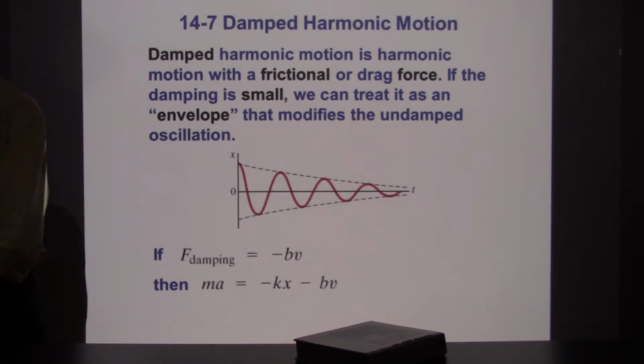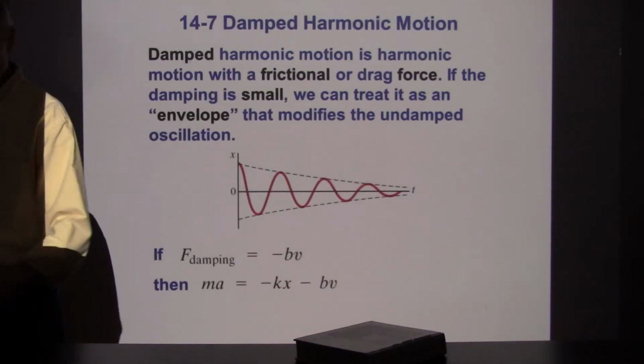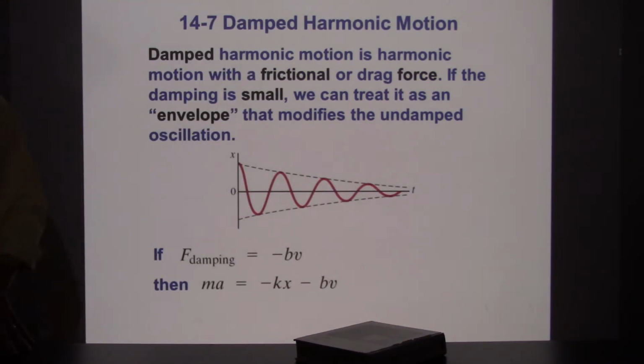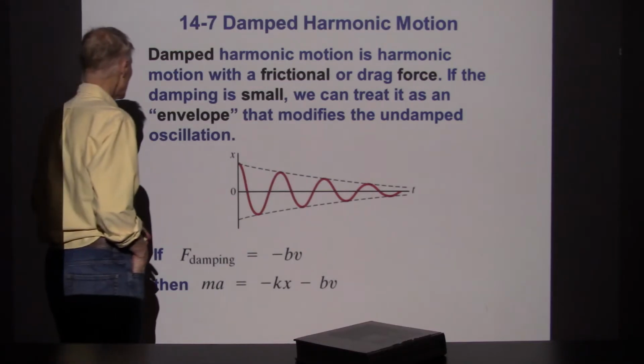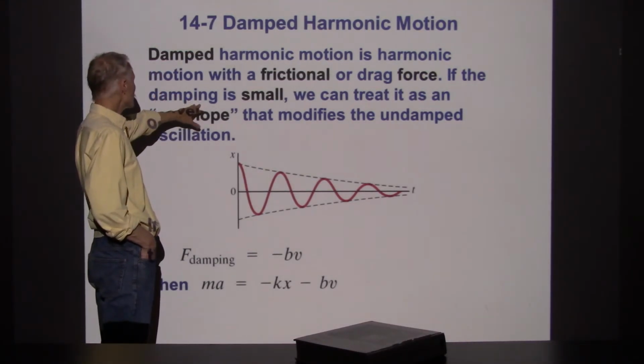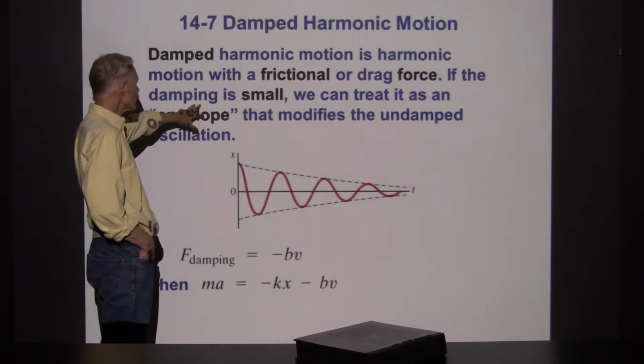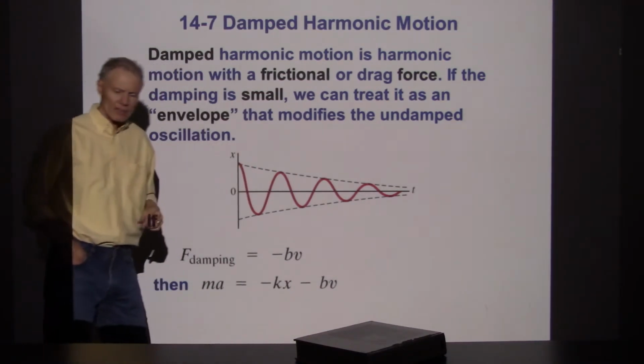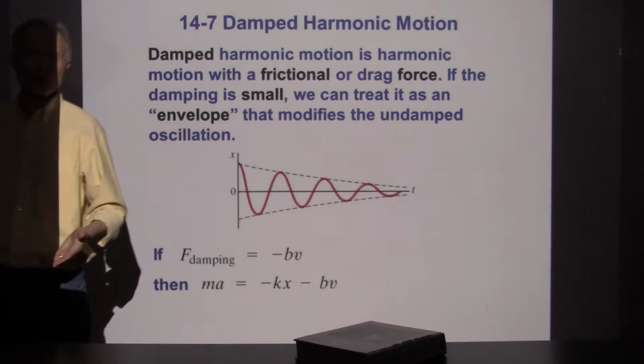All right, we wanted to get to this, so we're finally here. What happens when we have damping taking place? So what we've got here is, let's say we're back to having a spring and a mass, but in this case, there's a resistive force.